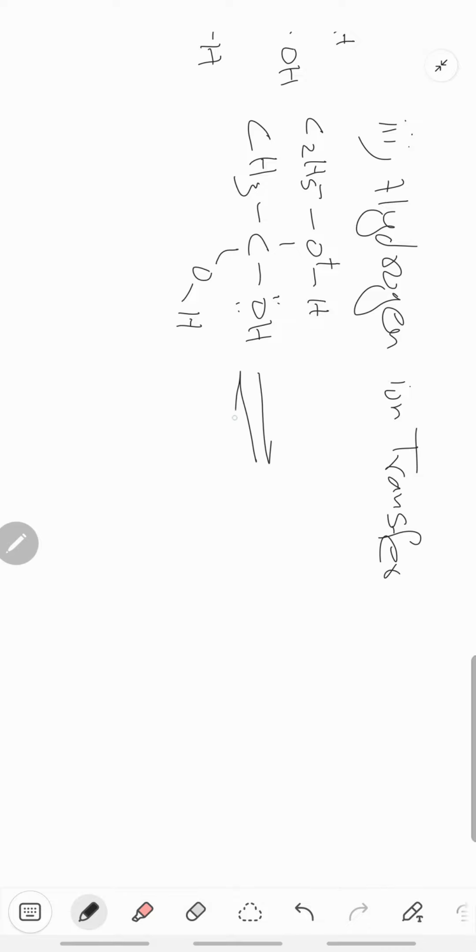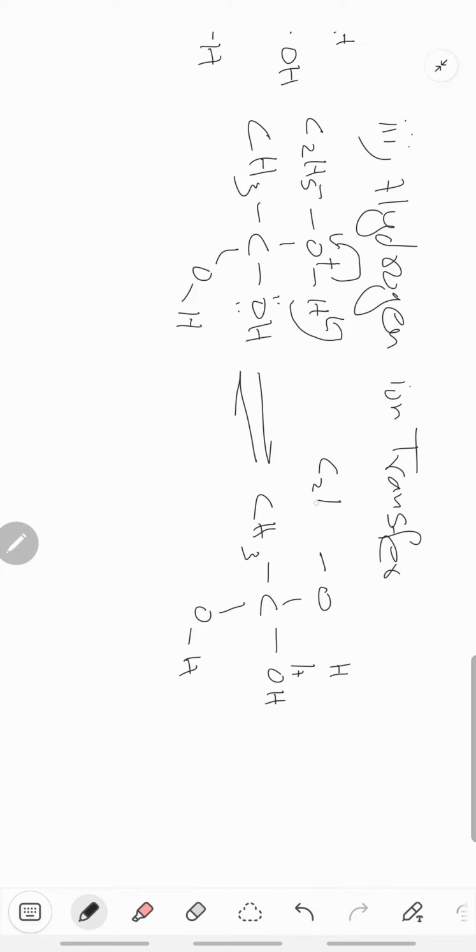As I'm saying, this is a transfer of hydrogen ion, so this will go there and this will go there, and it will give me CH3, C, O, O and H, and OH, the positive one, and H, and C2H5. This is the transfer of the hydrogen ion.